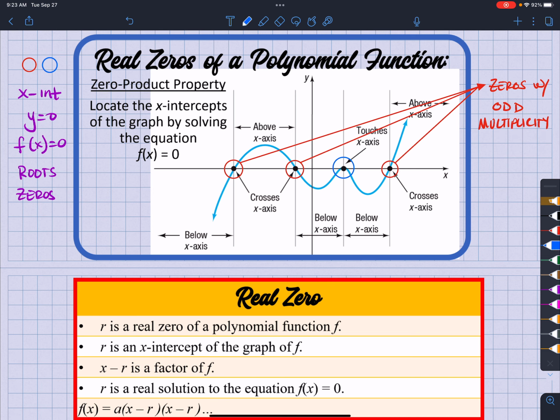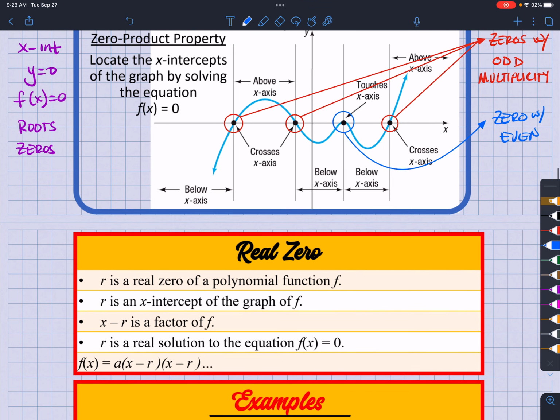Okay, and this one here is going to be a 0 with even multiplicity.